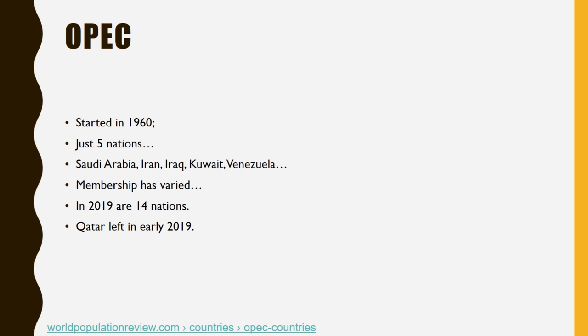So as I record this, just 10 months ago, Qatar withdrew from OPEC, and now there's talk about Ecuador leaving OPEC because Ecuador is having this financial crisis, and so they may not really be able to remain an active member under the OPEC rules. So we don't want to get too much into that, but we do want to understand that OPEC has grown in nations, at least from 1960, but we've seen countries come and countries go.